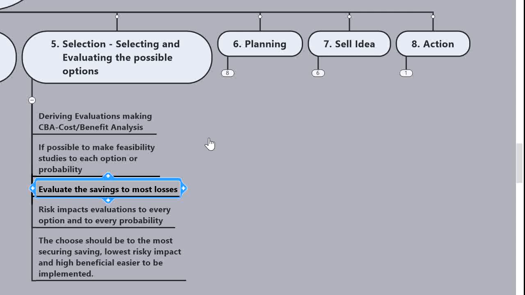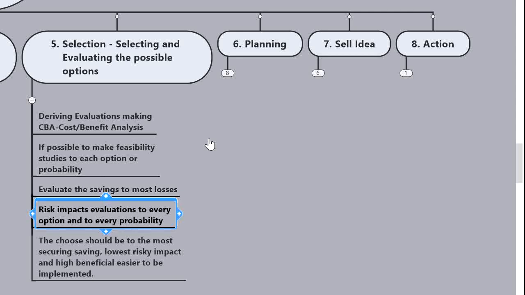We use that also sometimes when we are making this analysis in crises, to minimize the risks and the losses as much as possible. This is what I meant in here.